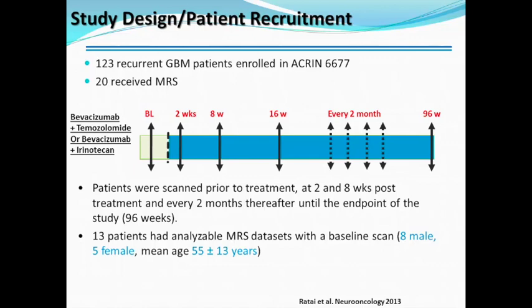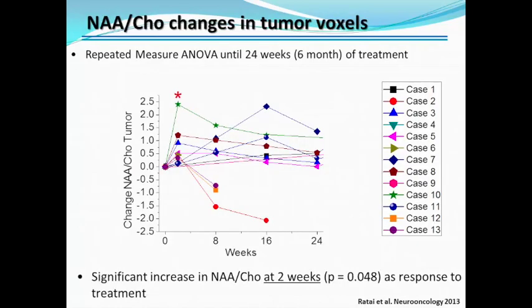Everybody got bevacizumab and either temozolomide or irinotecan, 2 different types of cytotoxic agents. We had 13 patients that had an analyzable MR spectroscopic data set with a baseline scan because we wanted to look at changes from baseline. And here we are. These are the NAA over choline changes in the tumor.